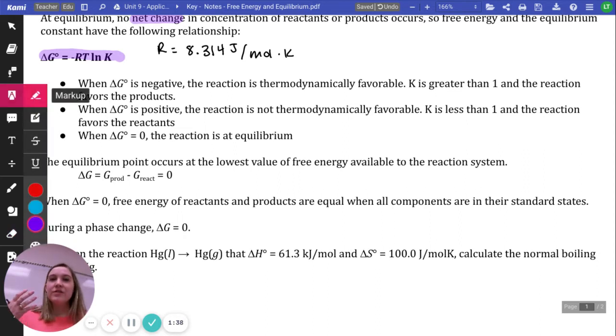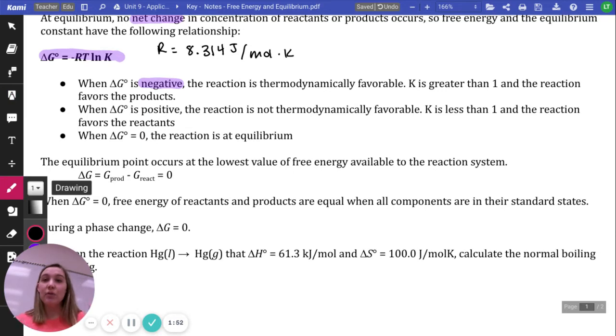Okay, quick review. When delta G is negative, that means the reaction is thermodynamically favorable. But what does being thermodynamically favorable mean? It means that our reactants are going to turn into products.